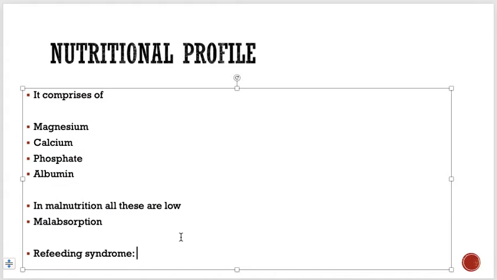For example, these people may have deficiencies, and not just deficiencies, by the way, excess as well, of phosphate, as well as magnesium, as well as calcium.